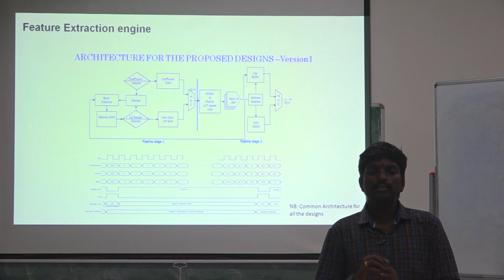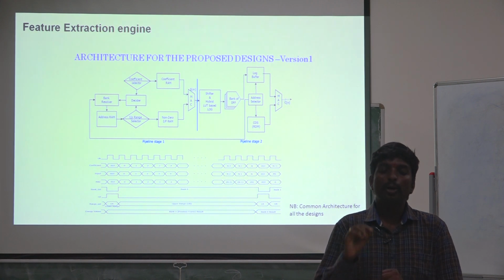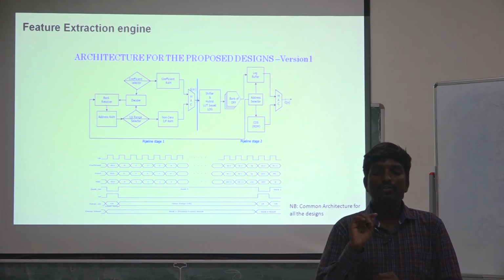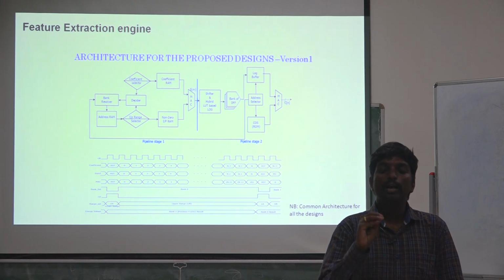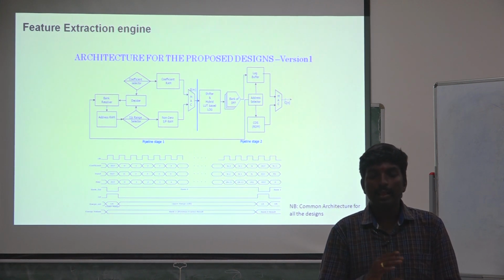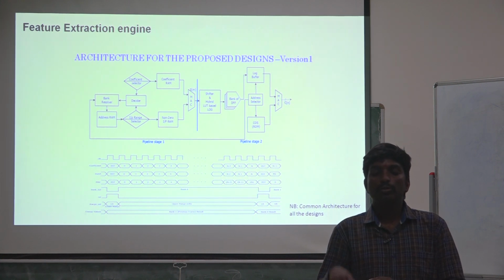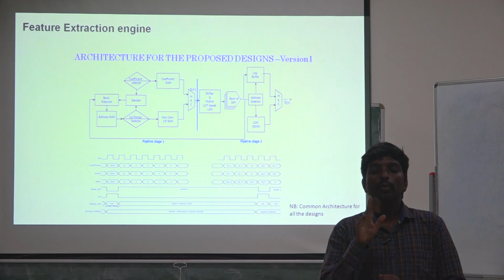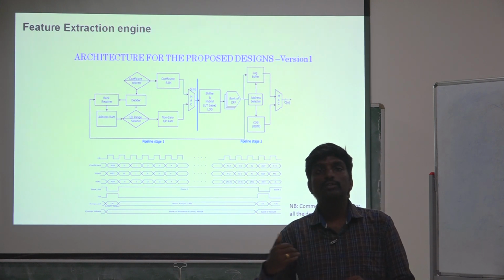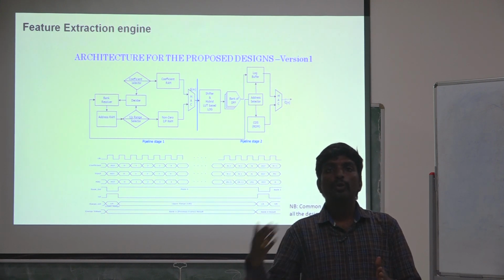So this decider is a major control line for the decision of the bank resolver. The bank resolver takes the decision for the address RAM, and the address RAM takes the decision for the range selector.